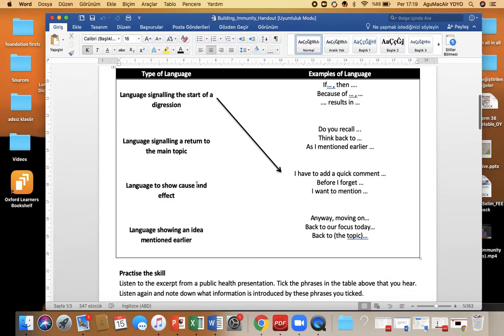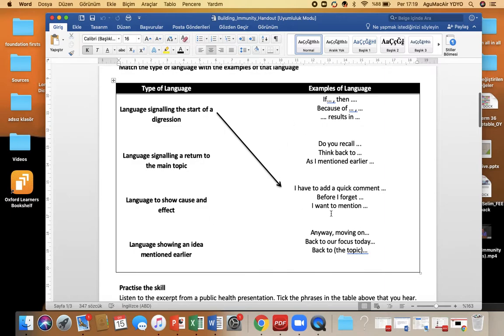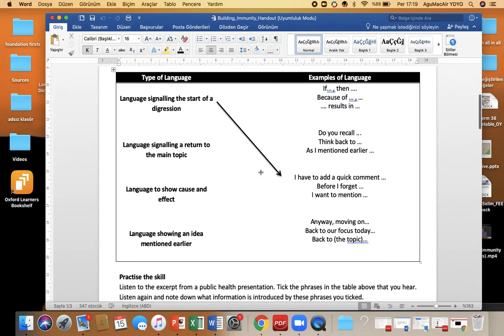And language to show cause and effect, language showing an idea mentioned earlier. We have examples of this language here, so you need to match them, right? If you want to see the answers, you need to see the video about the answers. It will be in the next video.